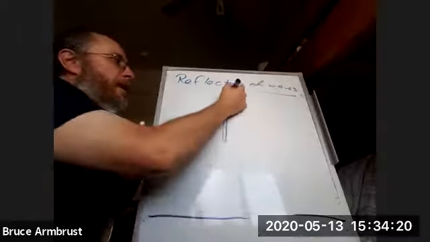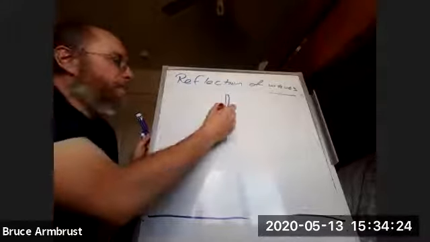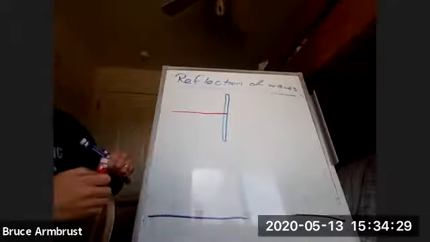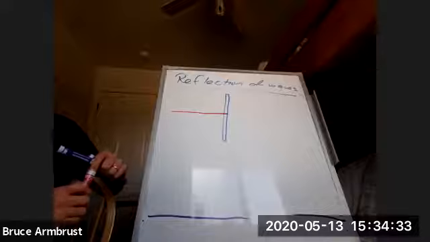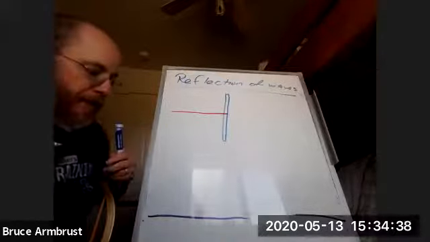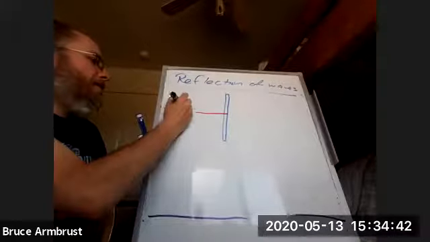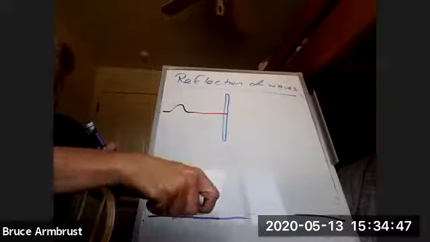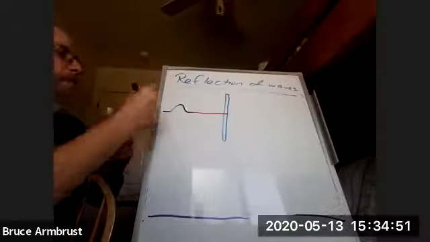And let's say that we've got a post that the string is attached to, right? So here's our string that's attached to a post. So we're going to send a pulse down this string. So let's say that this pulse starts like this. Okay, so there's our pulse. We just took that string and flicked it like that. So we send this pulse, and this pulse is moving down.